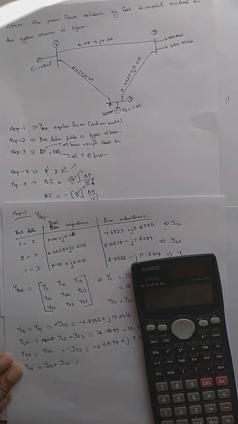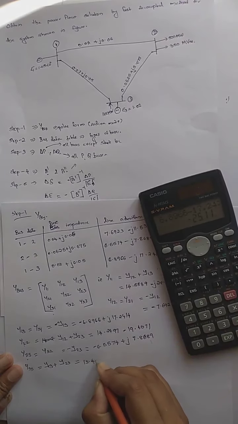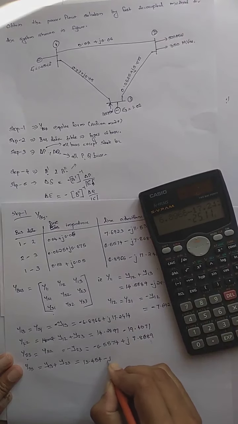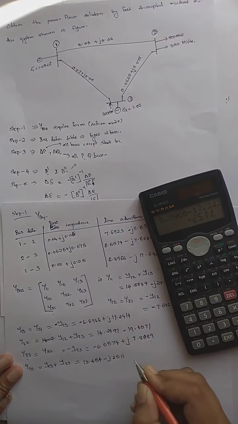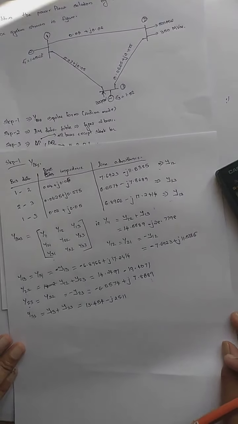The value will be 13.454 minus j 25.11. Okay, so I got my Y bus matrix, isn't it?